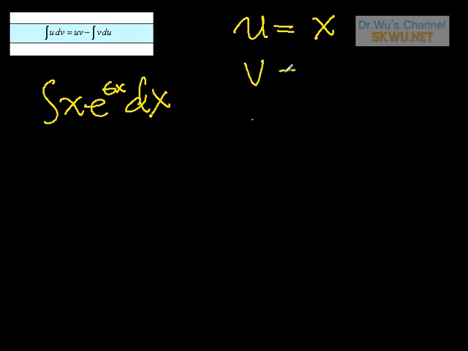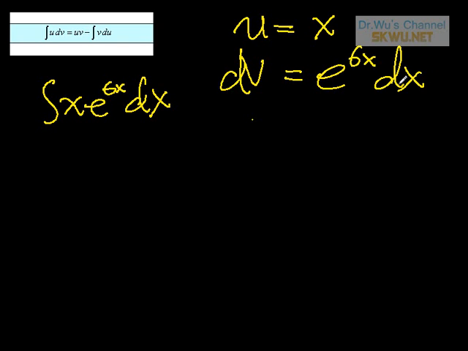Then what is dv? If we assume u is equal to x, we know dv is equal to e^(6x) dx.